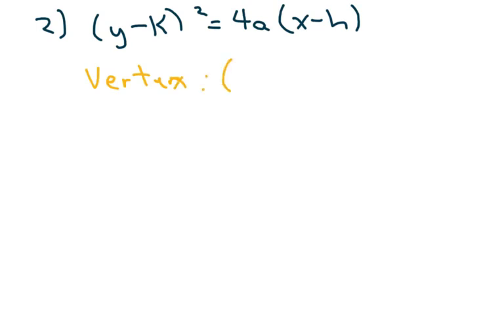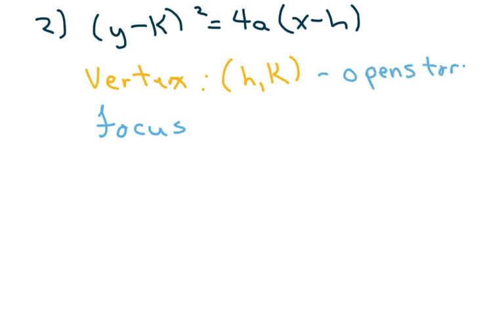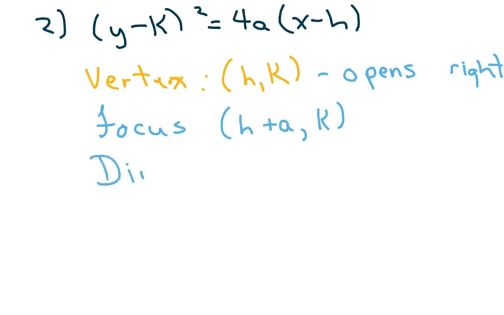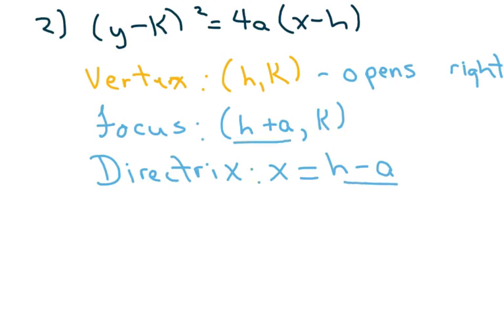Your vertex is H, K as usual, and then your focus, since this opens to the right, is going to be on your H part, because H goes with x, so that's going to be H plus A, comma K. Then your directrix is almost like another focus, but in this case it's a line, so it's just going to be x equals H minus A. It's just like that, but it's a line instead of a point.